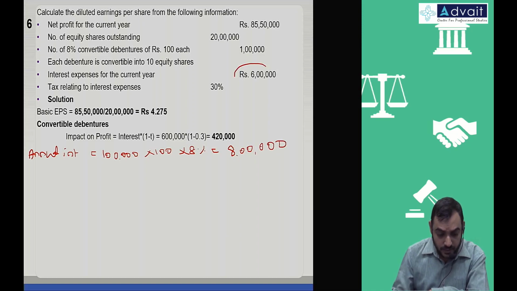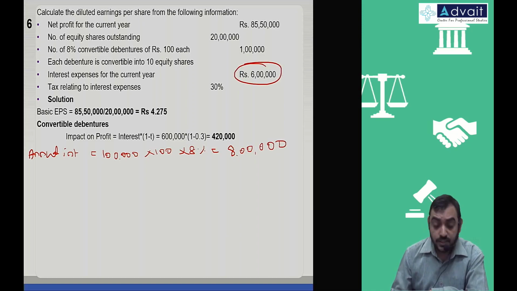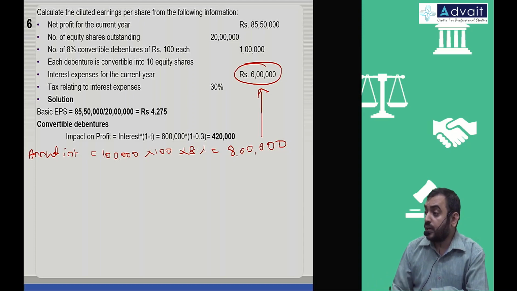But what they have given is 6 lakhs. So why do you think it is less? That means the debentures would have been issued in the current year. Therefore, the accrued expense is less.